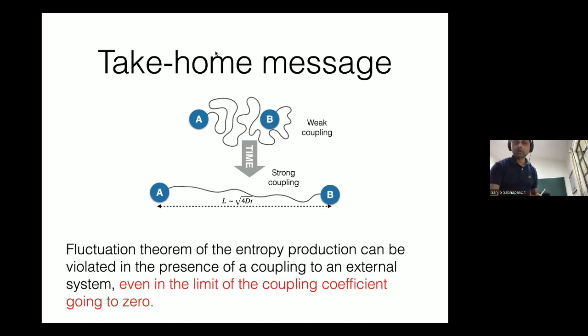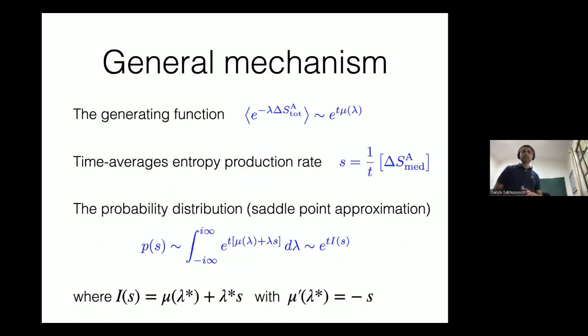Okay, so let me give a general mechanism for why this can happen. The general mechanism is, of course, restricted to the kind of system I have described. So it is a general mathematical mechanism in some sense. You have this total entropy, and you want to find the distribution of this total entropy. Instead of finding the distribution directly, you can also find the generating function.